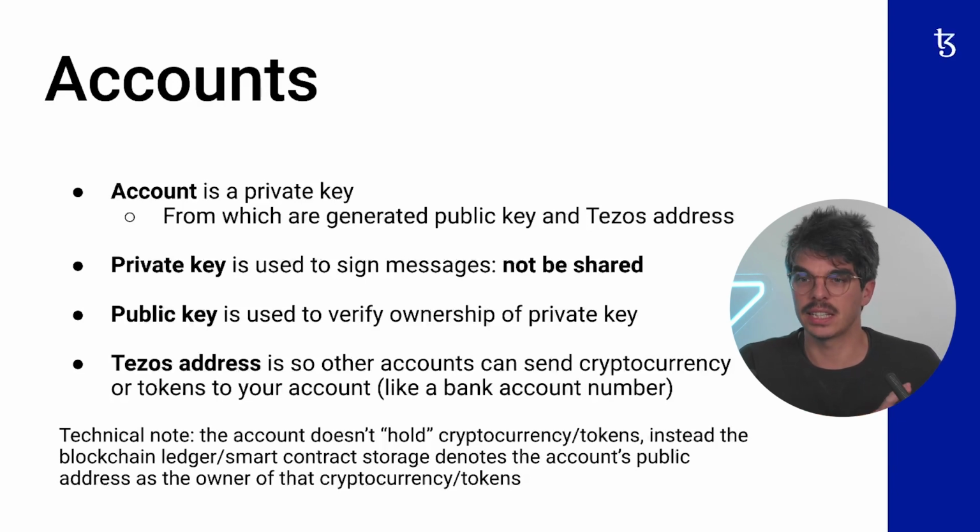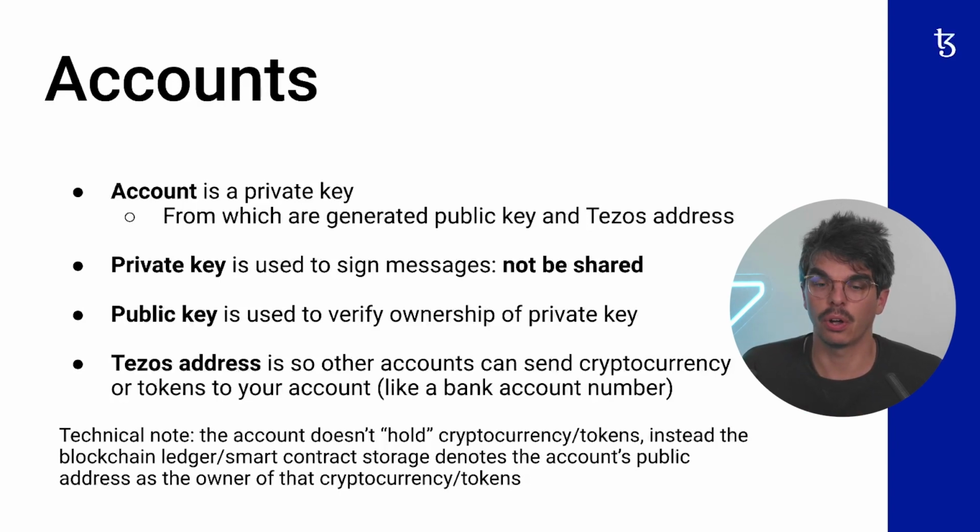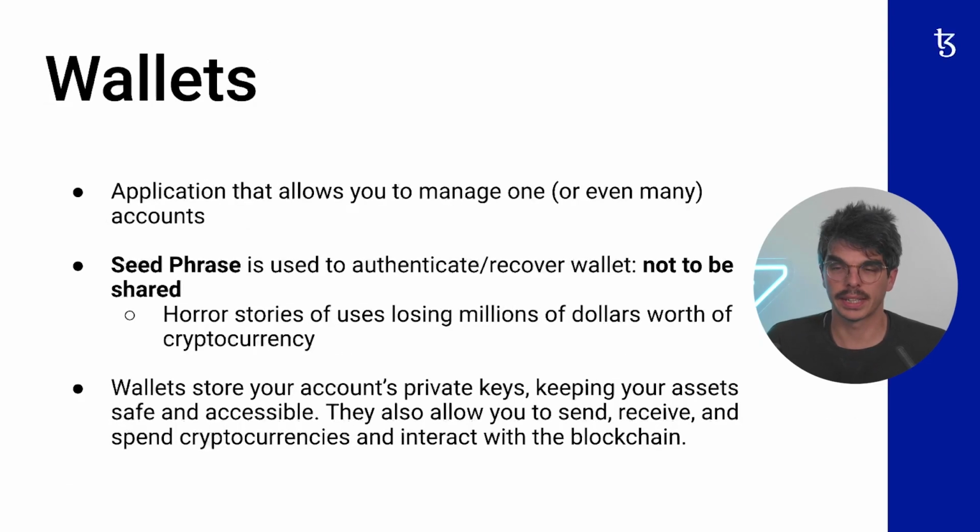It sits on the blockchain, and all that your account is this private key that basically says, I am the owner of that account. It doesn't hold anything. And to refer back to the first bullet point on this slide, a Tezos account is essentially just a private key. So now we understand what accounts are, we can move on to wallets.